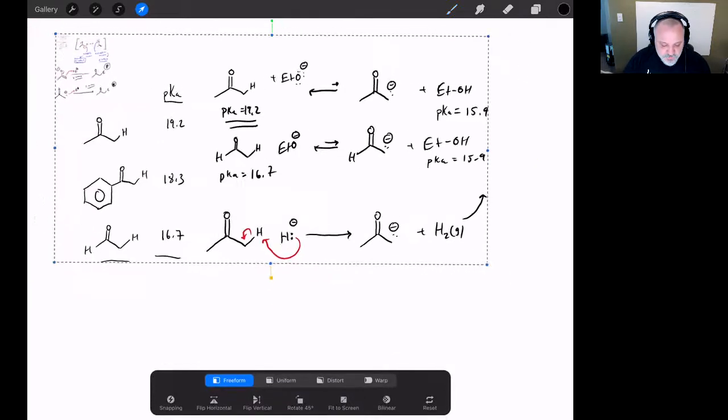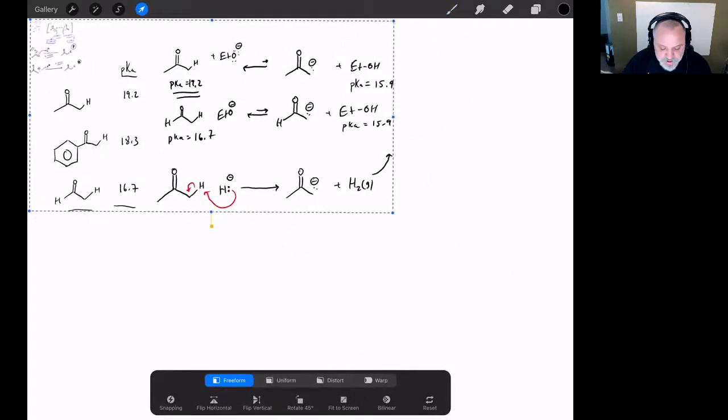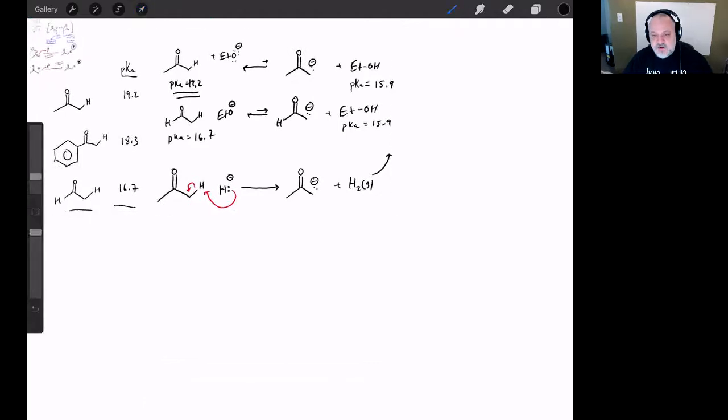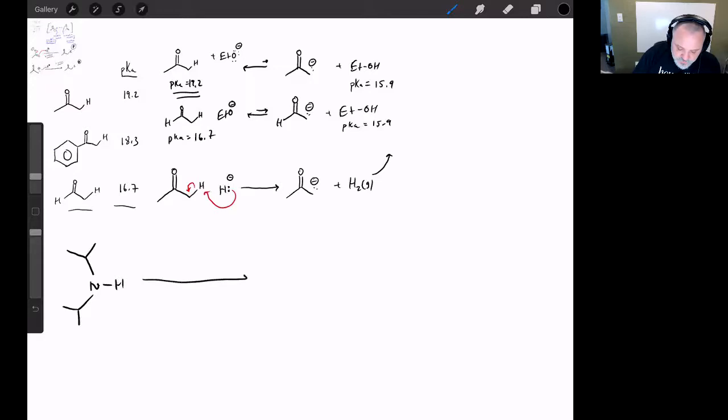Another way would be to use a common strong base based on an amine group. And what we would do is take diisopropylamine. There's diisopropylamine, and we react it with butyl lithium. Butyl lithium is something that doesn't get a lot of love from Klein, but it's a pretty common and very, very strong base. It's highly reactive.